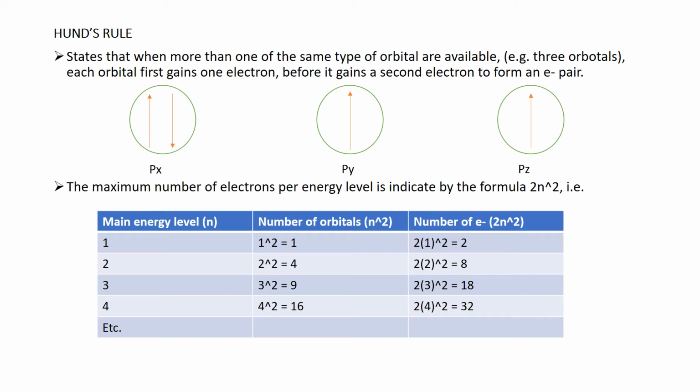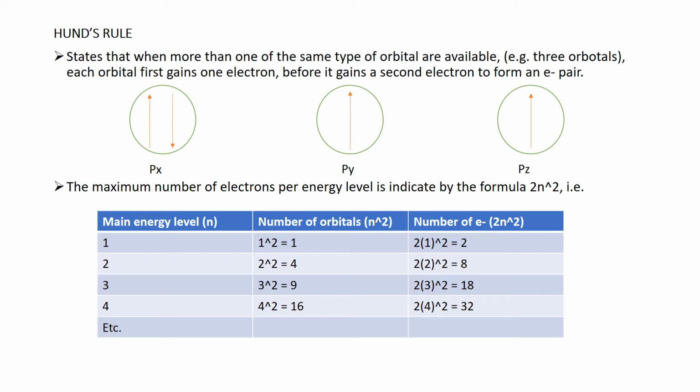Remember we said that we have 3 p orbitals, so if you have 4 electrons going to your p orbitals, you're going to first fill your px orbital, then fill your py orbital with another electron, and then fill your pz orbital. Then you're going to go back to your px and fill the other orbital. Remember, you have to have them in opposite directions.